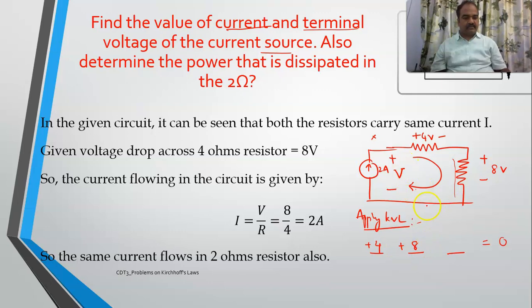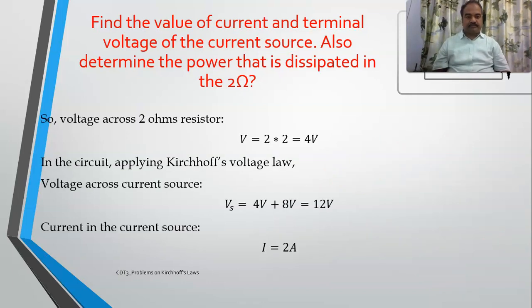Here I am moving from minus to plus, so minus V is equal to 0. So 12 minus V is equal to 0, V is equal to 12 volts. So the potential drop across this one is 12 volts. Understood? So what is 4 volts plus 8 volts? It is 12 volts, right? And the current in the source is 2 amperes.